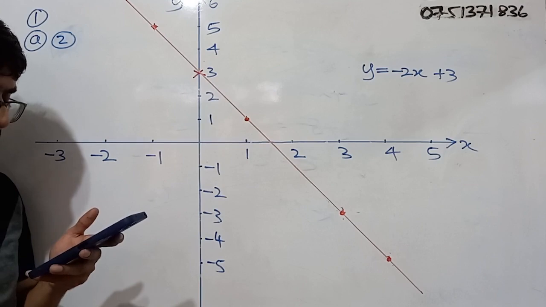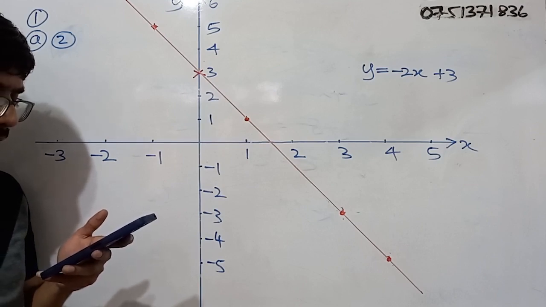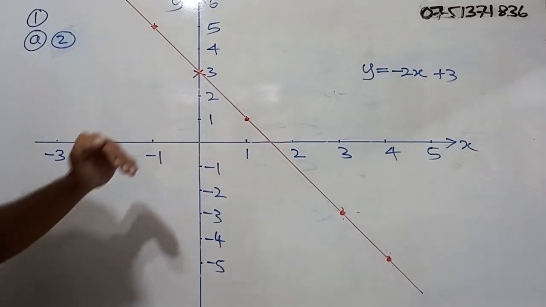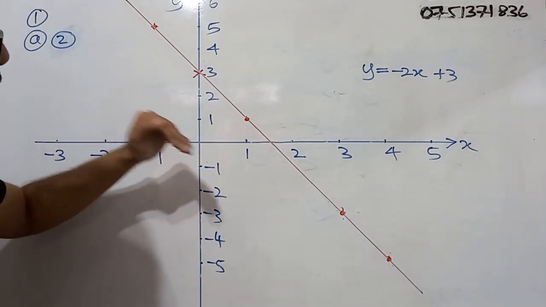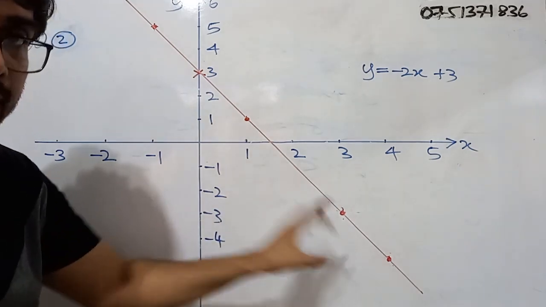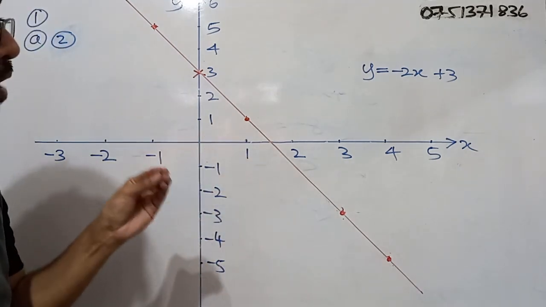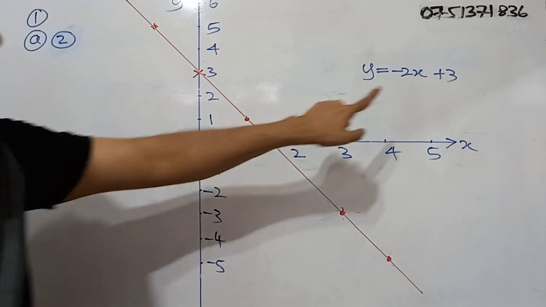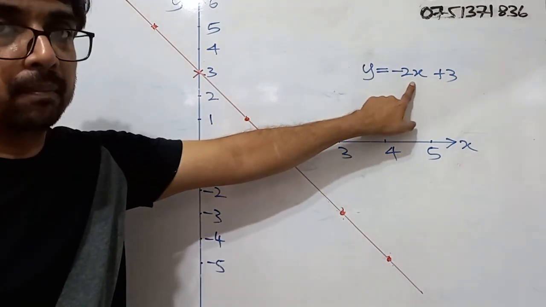Okay, part 3 of Part A. Write the equation of the graph which is parallel to the above graph and which passes through the origin. When it comes to drawing parallel lines to a given line regarding a graph, right? What's the most important thing? The gradient must be the same.